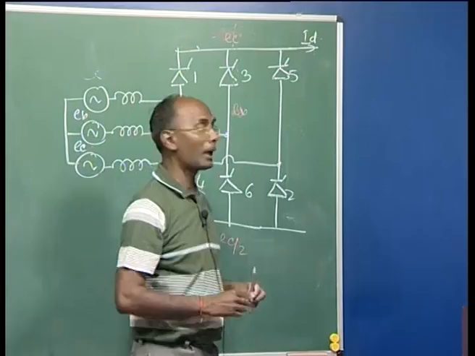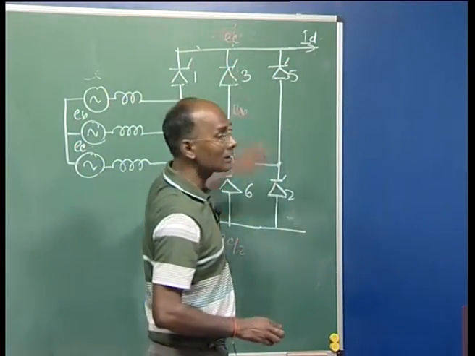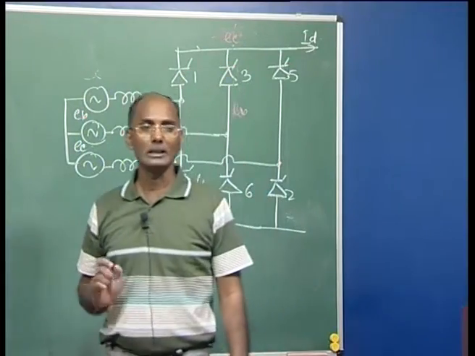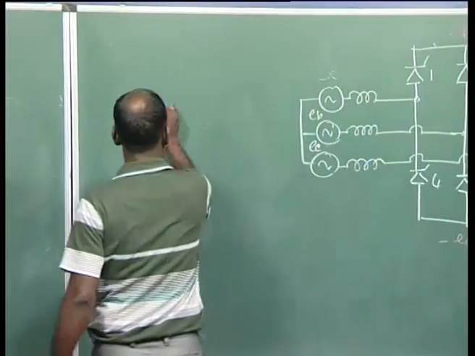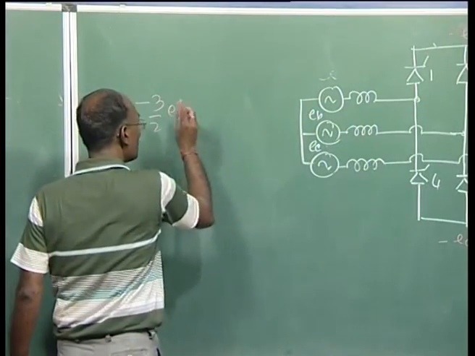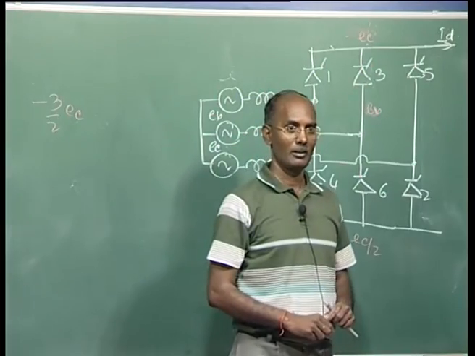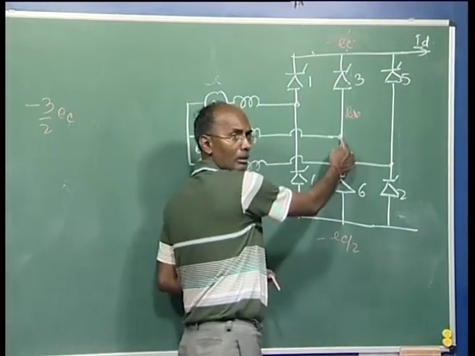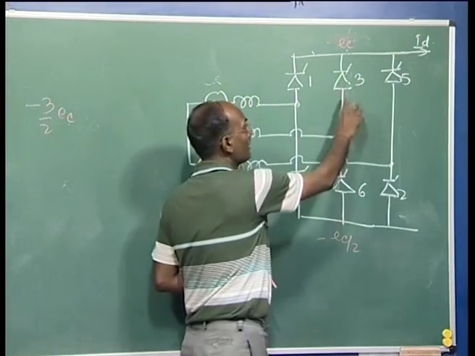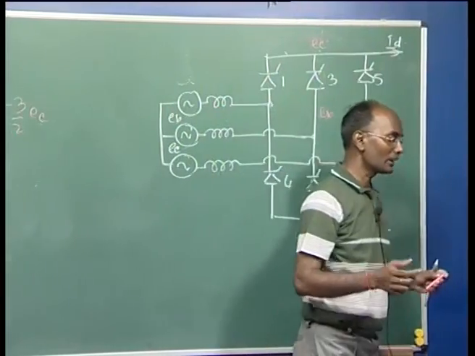So we are going to have this minus this voltage, which means the voltage across this is minus 1.5 EC, that is minus 3 by 2 EC, during the commutation phase, because this is conducting. So this voltage will appear here, and this voltage was already here and this was taking care. Now we see where that is.